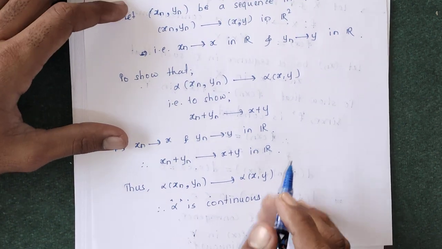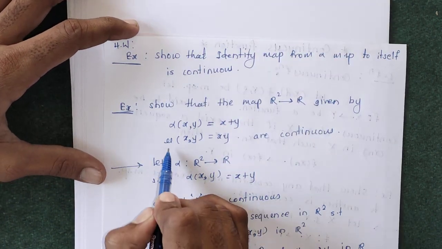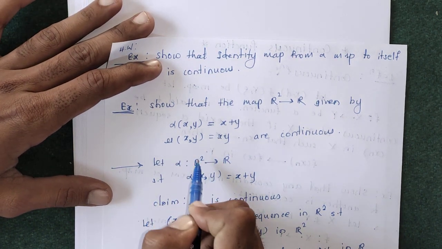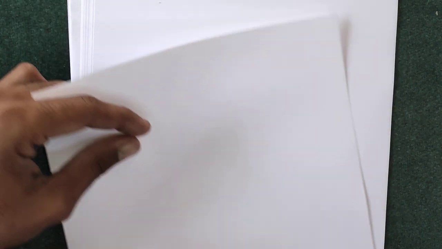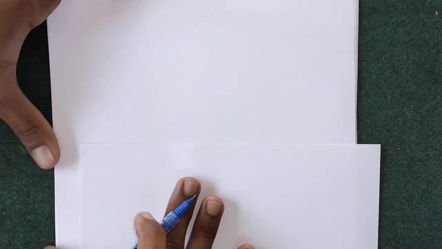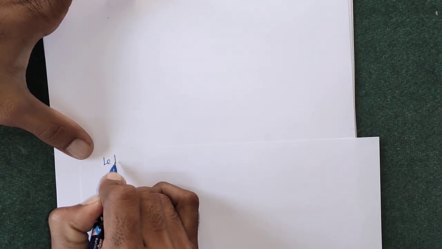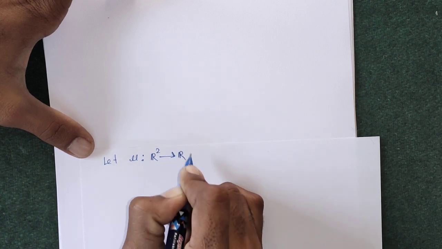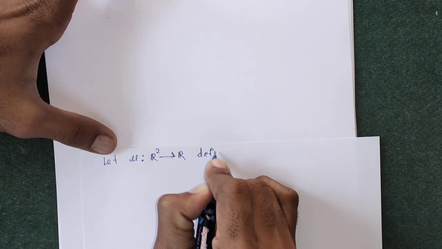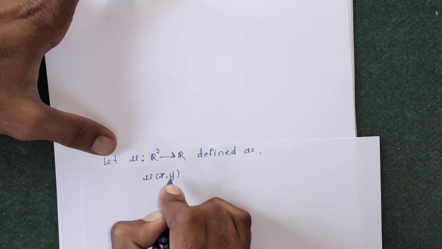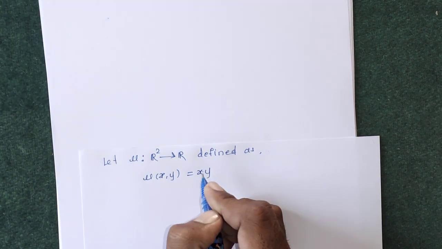Alpha is continuous. Now, similarly, we will take this mu from R square to R defined by mu of (x, y) equals x into y, and we have to prove that this mu is also a continuous map. So let the function mu from R square to R be defined as mu of (x, y) equals x into y.